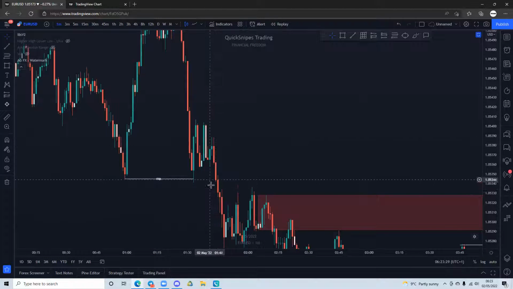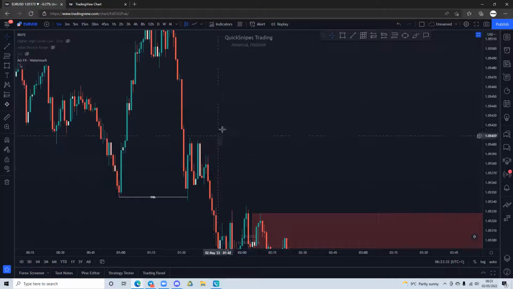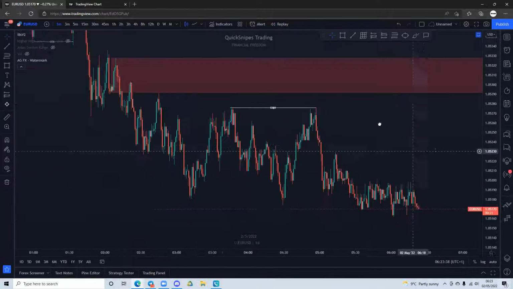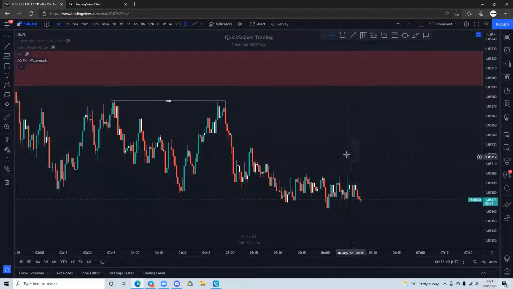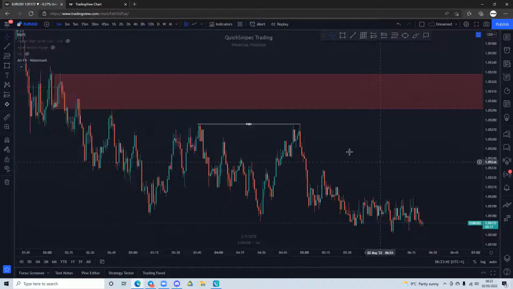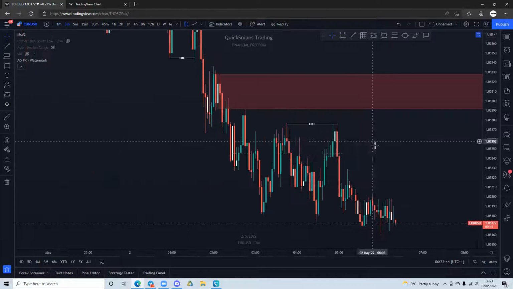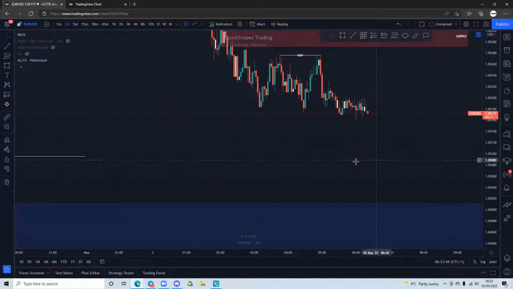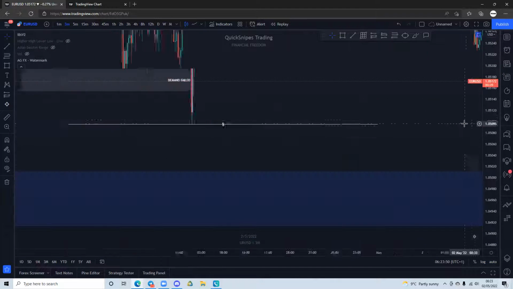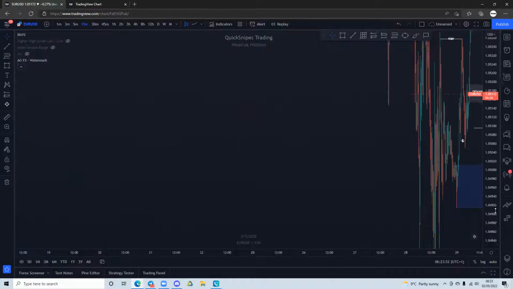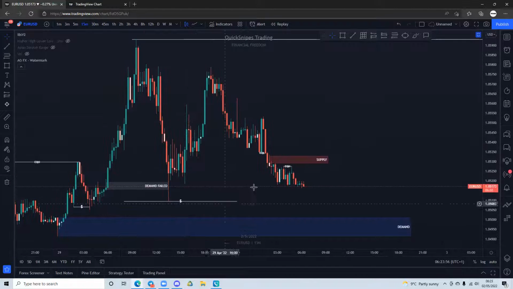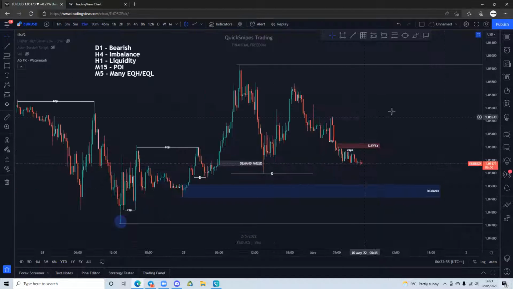When we came back down, it just smashed straight through, so it wouldn't be a reliable area to enter off of. So I'd consider on the 3 minute this to be one of my trades, and on the 15 minute this to be one of my trades.